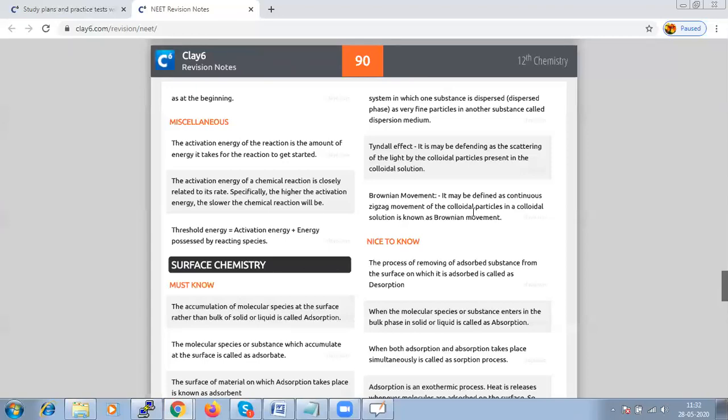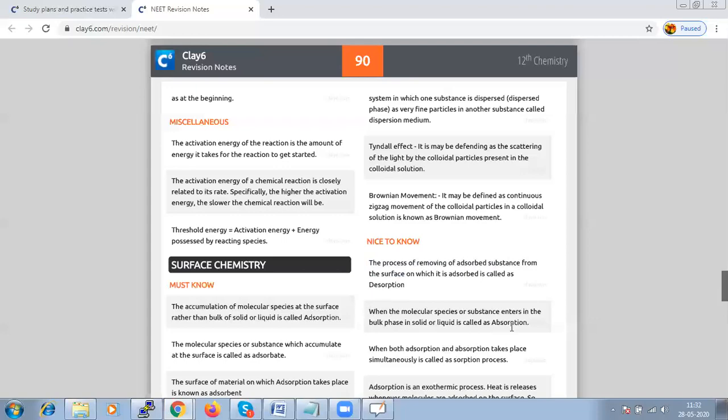And always remember, colloidal particles have an electric charge, and the nature of the charge is the same on all the particles in a given colloidal solution, either positive or negative. So this is all we have based on the concept. Now a few definitions. Desorption is the process of removing an adsorbed substance from the surface on which it is adsorbed.